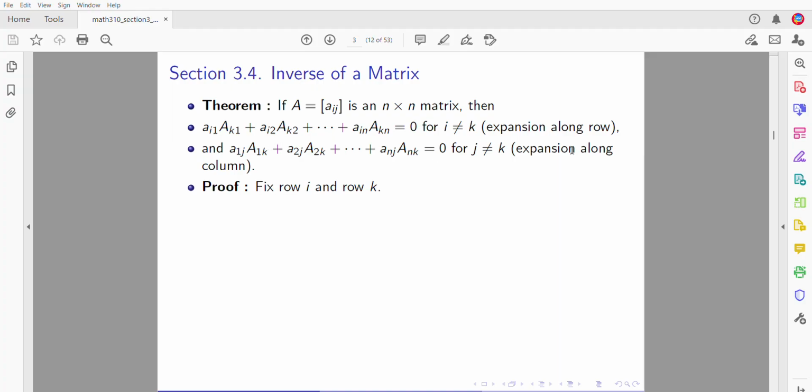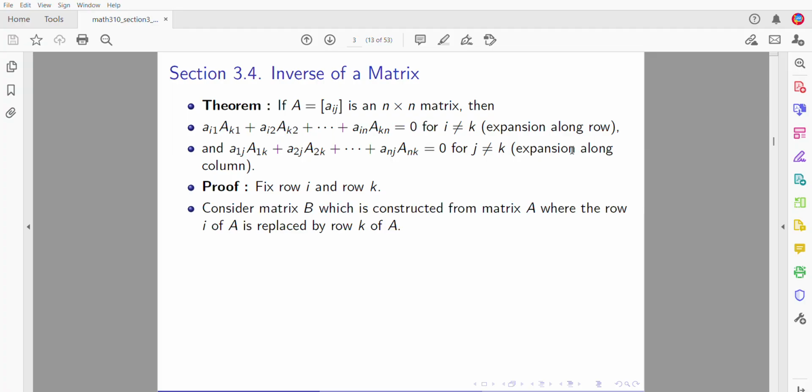Fix row i and row k. I'm trying to prove the first statement. Consider a matrix B obtained from matrix A, where row k of A is replaced by row i of A. So I have replaced an entire row by another row.